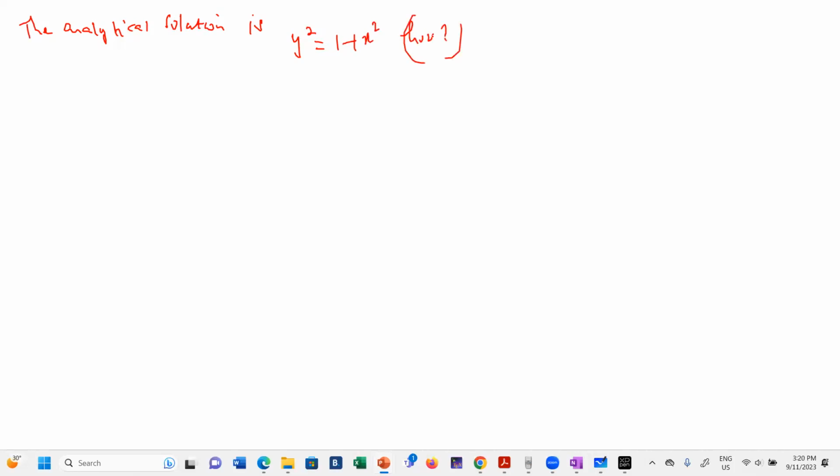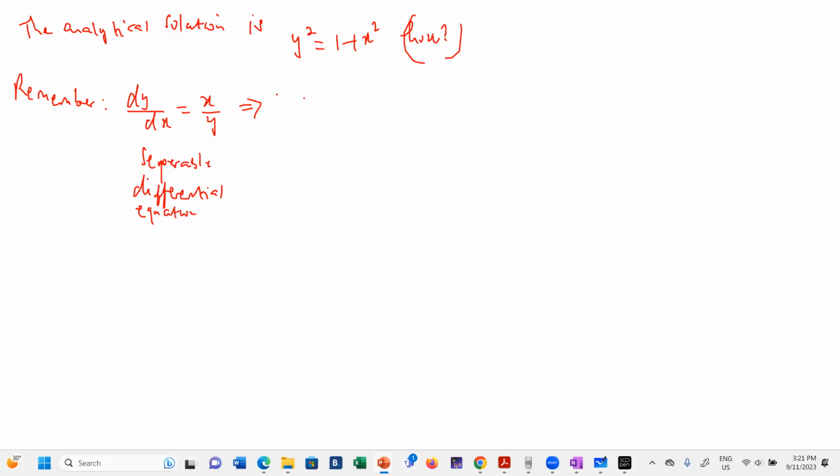Okay, you need to first remember that dy/dx is, so which means this one is separable. We can solve it. It's a separable differential equation from first year calculus.